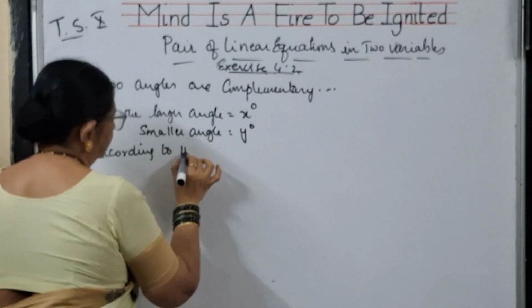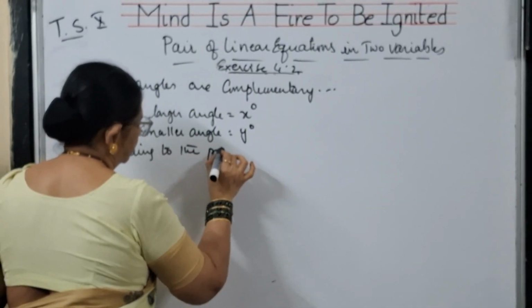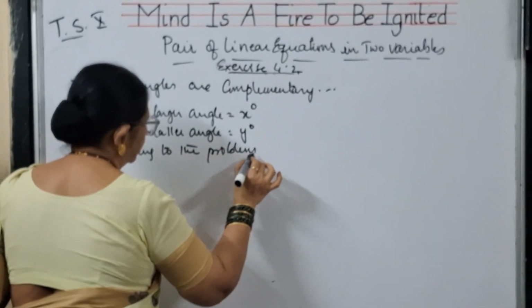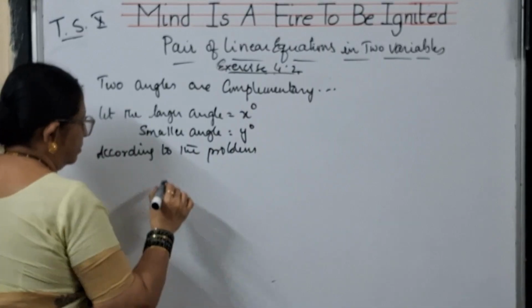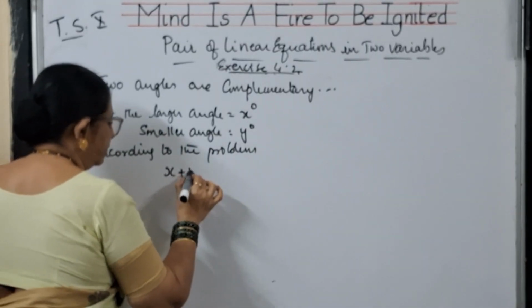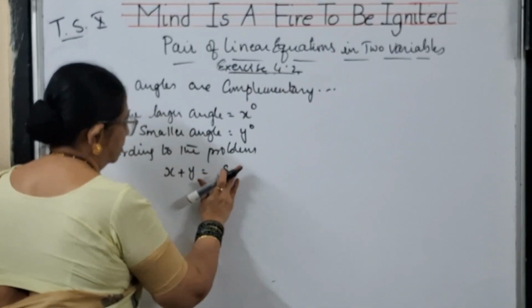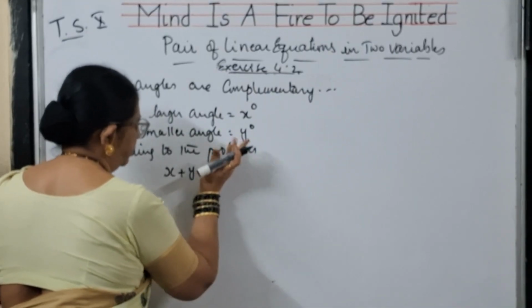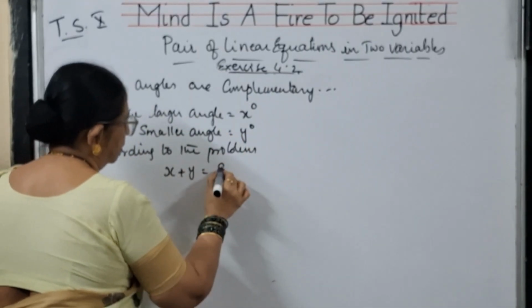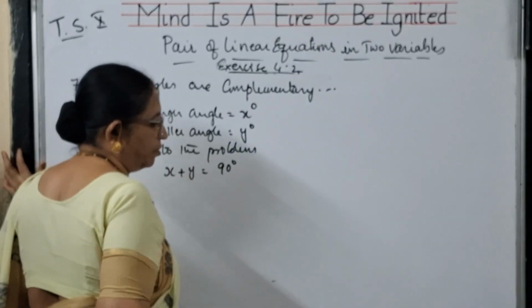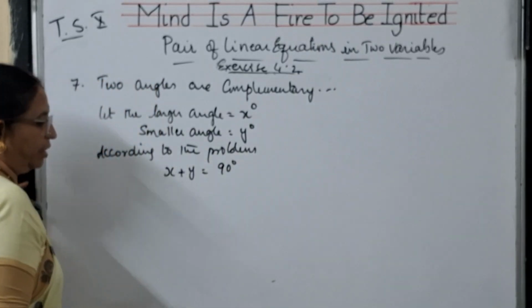According to the problem, two angles are complementary. X plus y is equal to 90 degrees. Supplementary means 180 degrees. Complementary means 90 degrees. So they are 90 degrees.